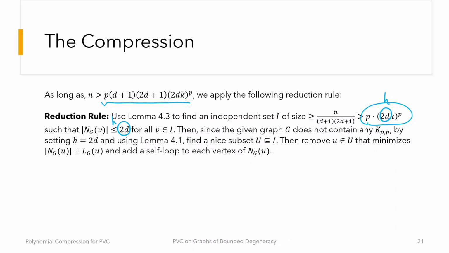We use the first lemma now, and we know that our graph doesn't contain any K_{P,P}, so we can find a nice subset in it. Then from the nice subset, we remove the vertex with the minimum number of incident edges. After removing it, we add necessary self loops to other vertices, and we keep doing it as long as n is more than this amount.